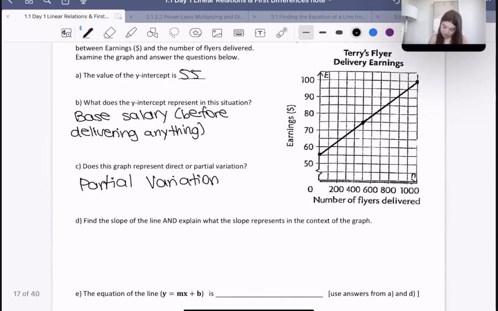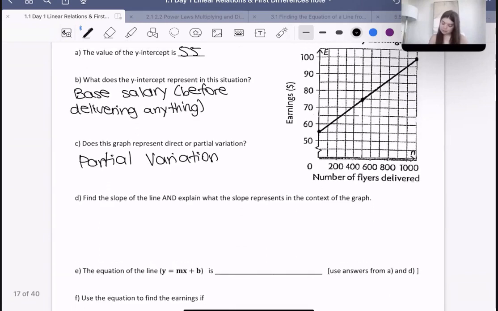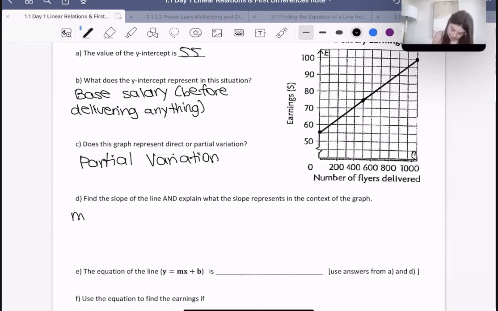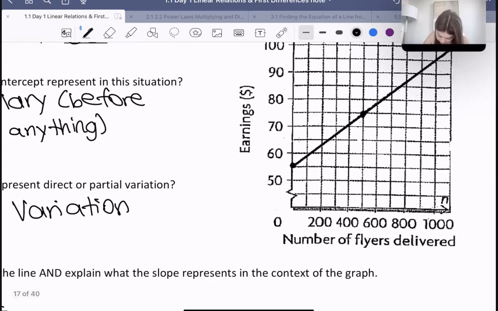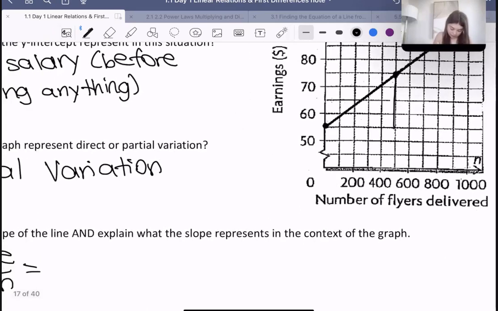Find the slope of the line and explain what the slope represents in the context. So m equals rise over run, as we know. Okay, so here we have 75 down to 55, so that's 20. That's our rise. Over run would be 500.